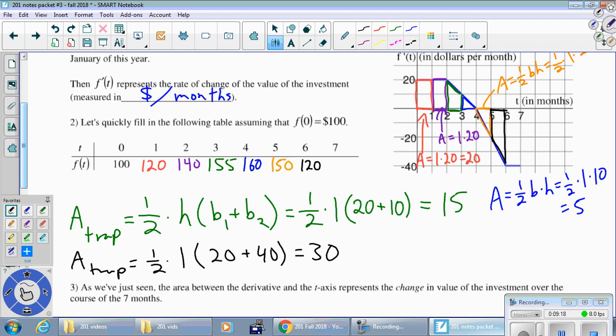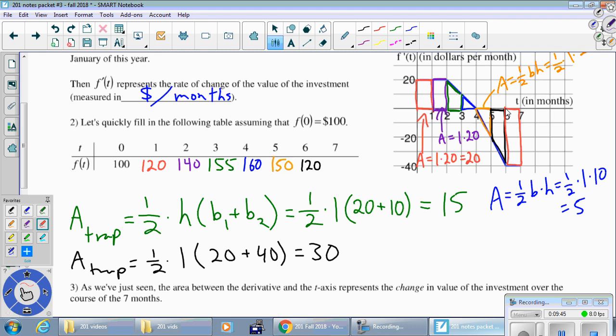Okay, and now one more. The last one we'll do in red again. So we want the area here. And this one's actually really easy because the rate at which the value of the investment is changing is constant. It's constantly negative $40 per month.